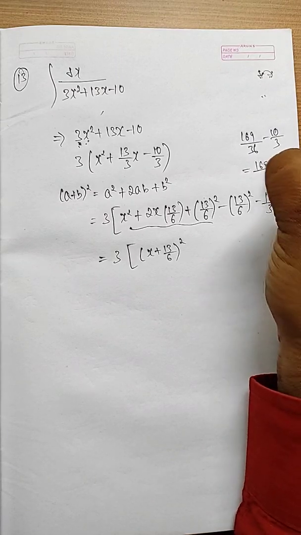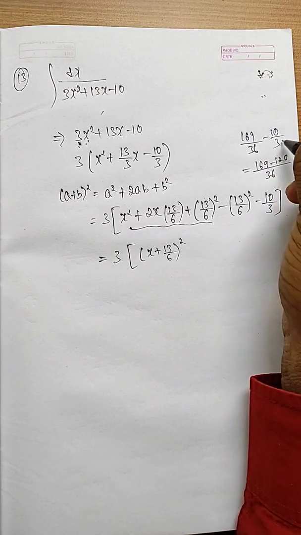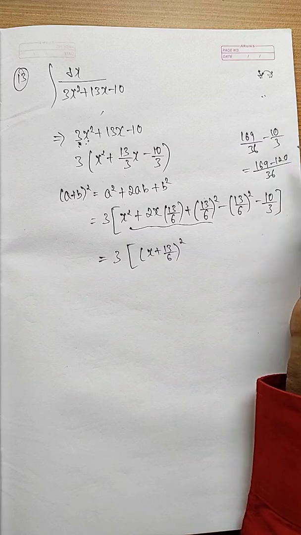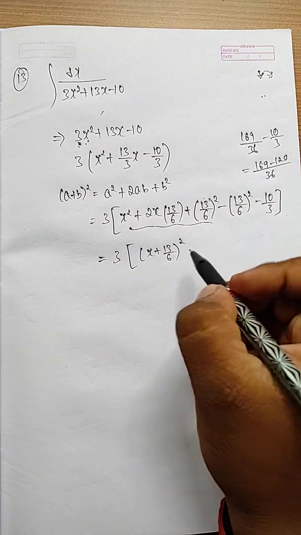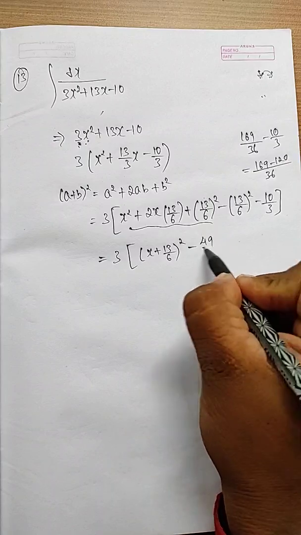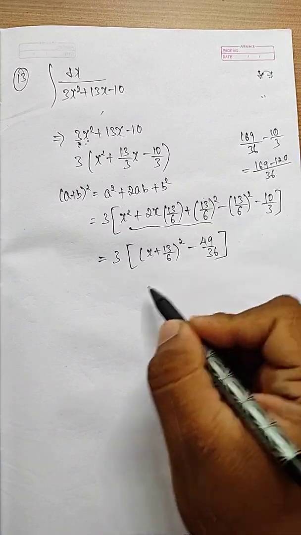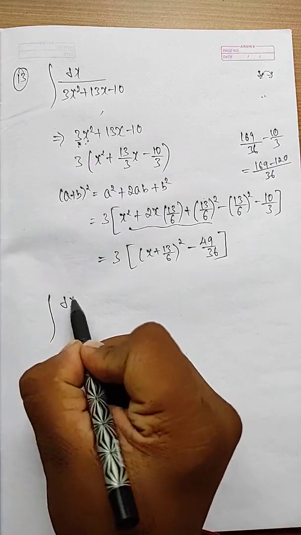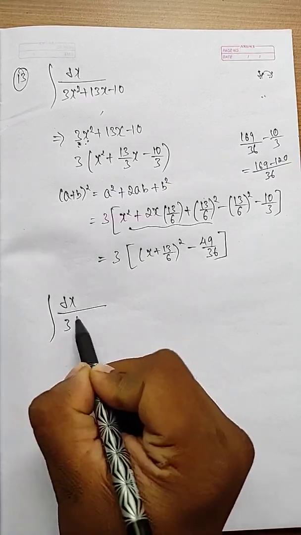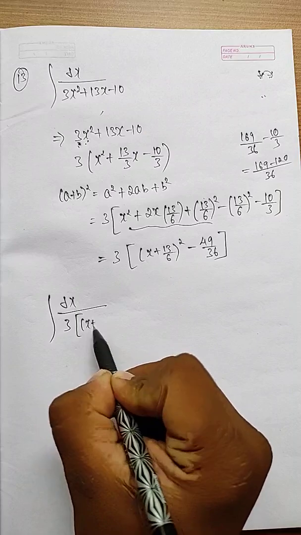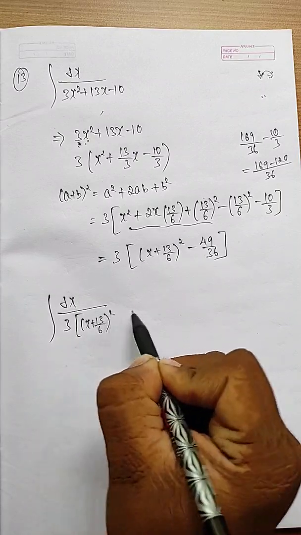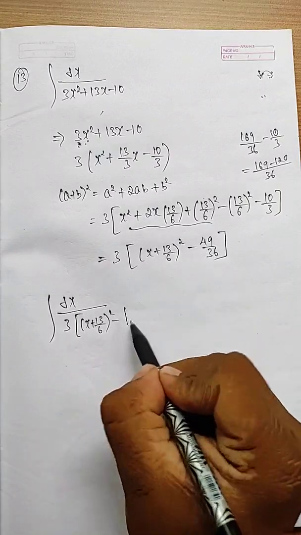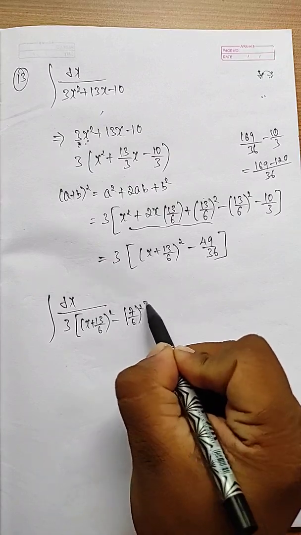So 3 twelves are 36, 10 twelves are 120, and 169 minus 120 is 49. It is minus 49 by 36. Now we are writing the problem: integration of dx by 3 into x plus 13 by 6 whole square minus 7 by 6 whole square.